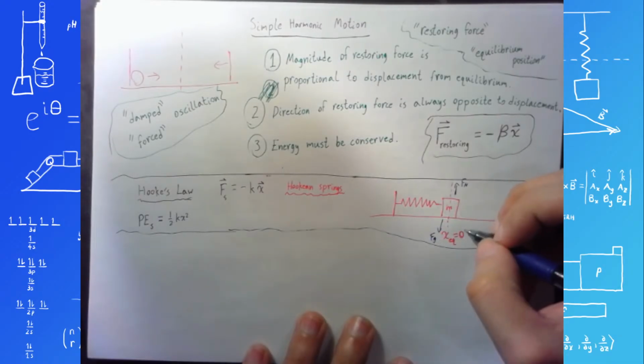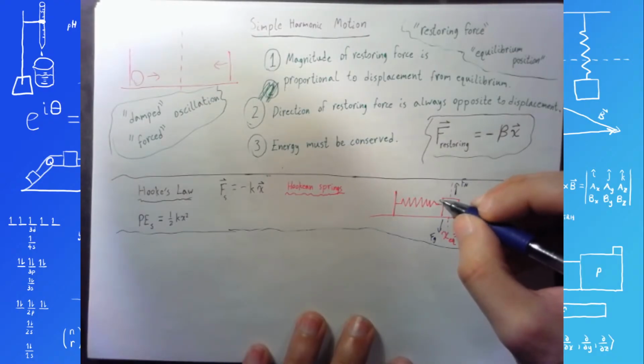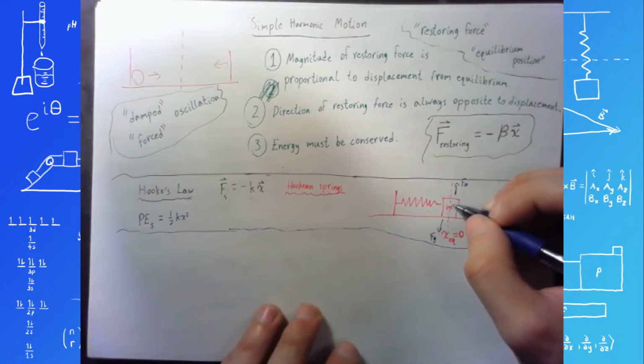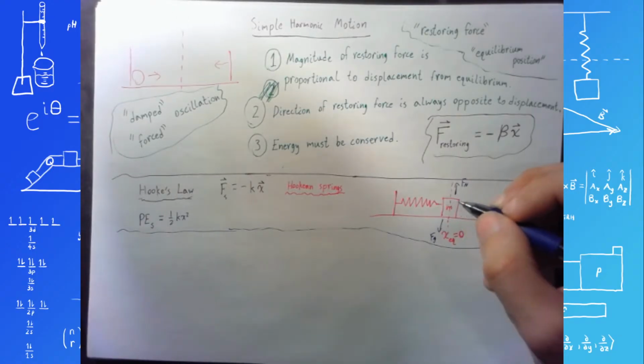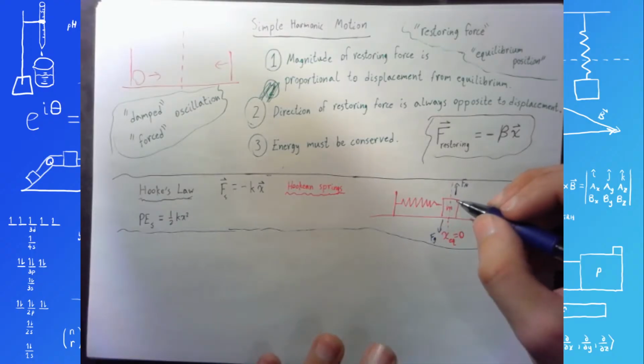And then we said the surface is frictionless, so the only force left is the spring force. So if the spring force is the net force, then yeah, it makes sense that the place where the spring force is zero, which is also where the net force is zero, would be called the equilibrium position. It's when the object is in static equilibrium. Very temporary static equilibrium, but static equilibrium nonetheless.